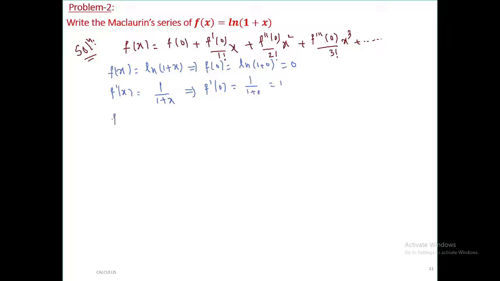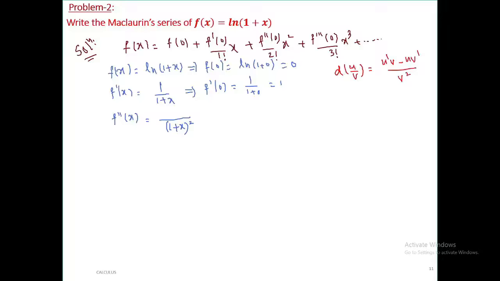Next, the f double dash derivative. This one again, one more time derivative. So (1+x) whole squared, u by v method. Remember the u by v formula: the derivative of u/v is (u'v minus uv')/v squared, right?